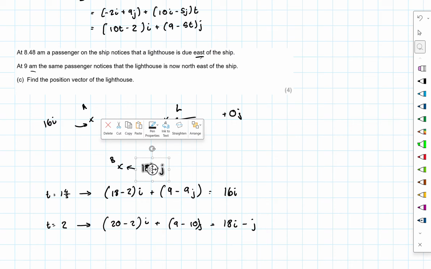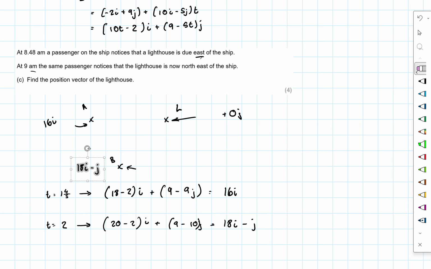I'm actually going to write this over this side so it doesn't get in the way. But that doesn't directly help us get anything necessarily. What we do know is the relationship between B and L is that L is northeast of B. So if I think about how these two things are related here, I know that this is a 45-degree angle, right?